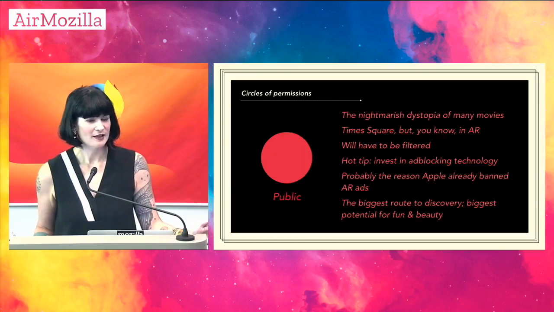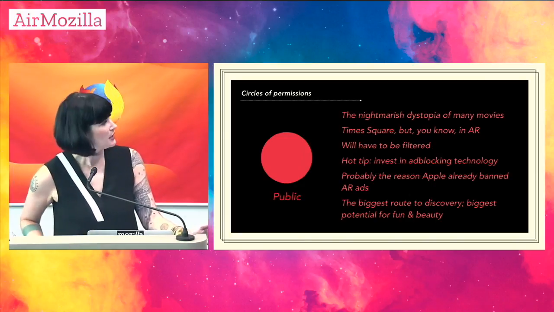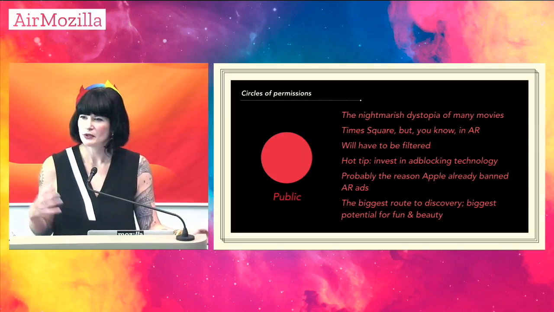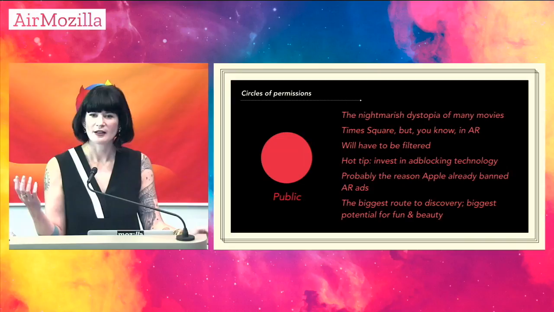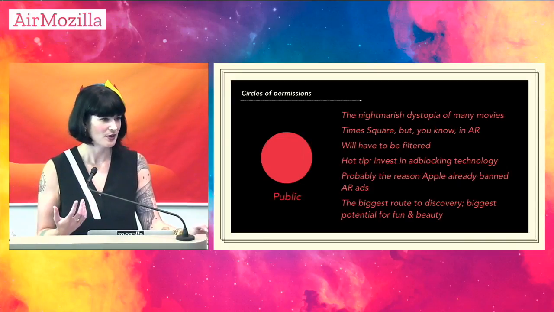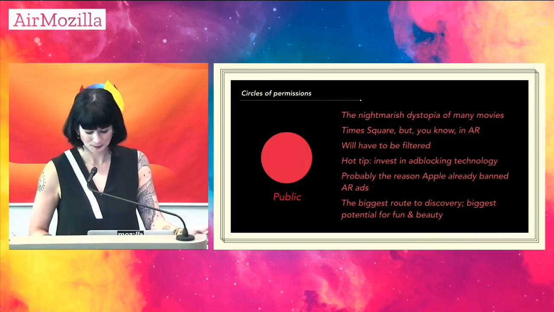To me, that's probably the biggest sign that they're really bullish on the future of augmented reality, that they're like, let's just not even touch ads until we figure this whole thing out. But this space also has the biggest potential to be the most beautiful and interesting and best of humanity as well. Imagine that we live in a world that can be as beautiful as we want it to be. So in that sense, the public space has a lot of advantages as well.